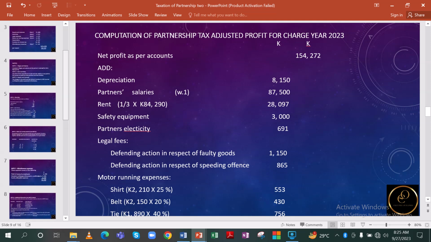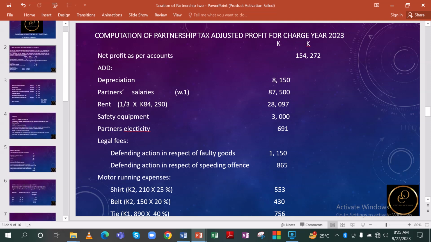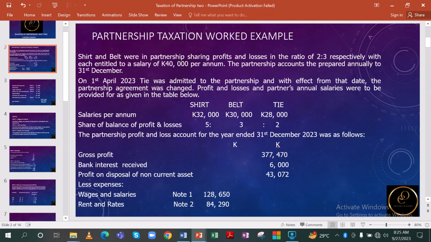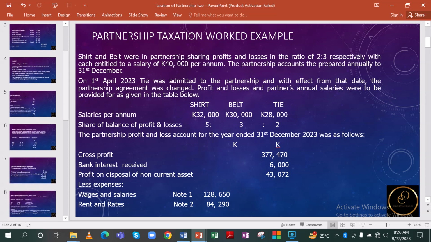Then also in this particular situation, we are told that there was rent and rates of 84,290. We go look at the note. What does note number 2 tell us?